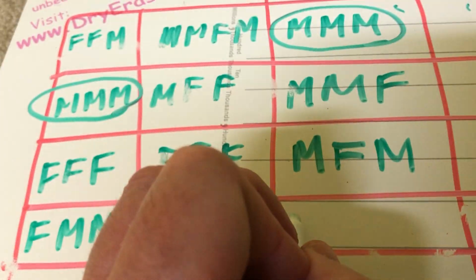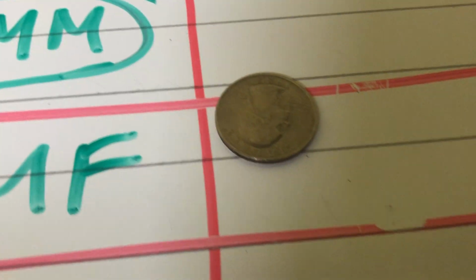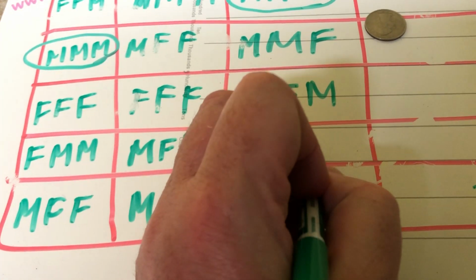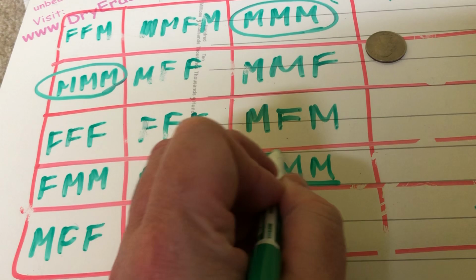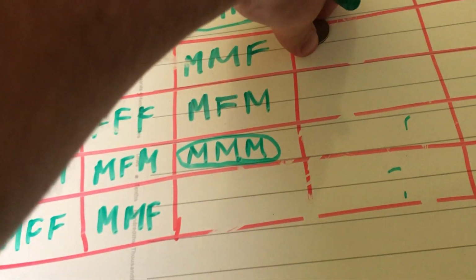Heads, that's a male. Heads, that's another male. Heads, that's another male. So here's a third time where all three were males.